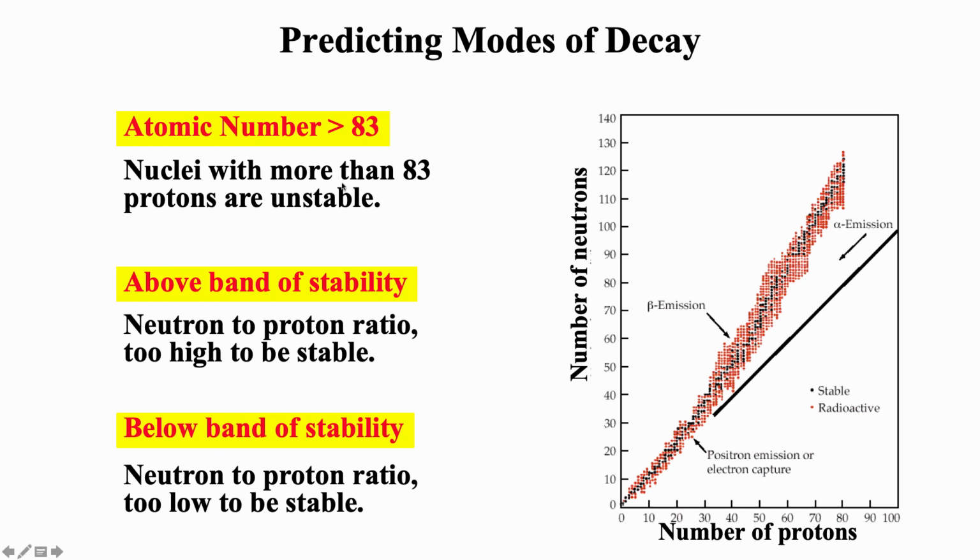You can look at number of protons, neutrons, try to figure out where you are on the band of stability, and then use those rules to predict the type of decay. Now this is a bit of a simplification. You can often have more than one type of decay, but this is what we'll use.